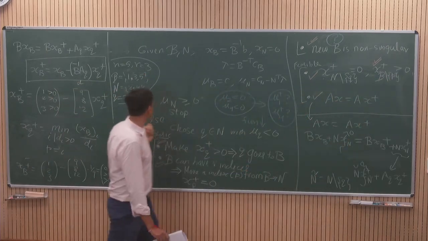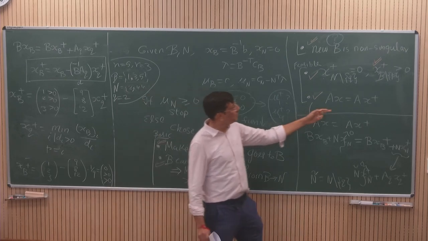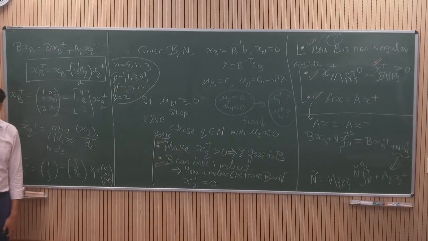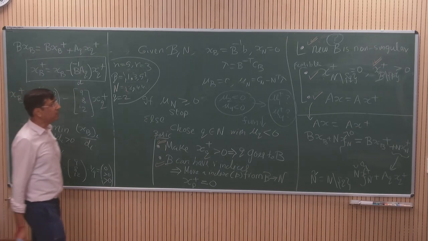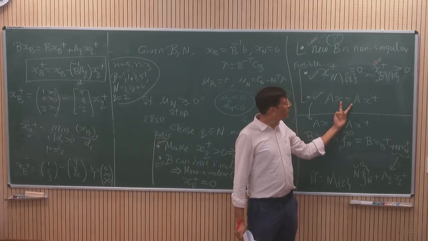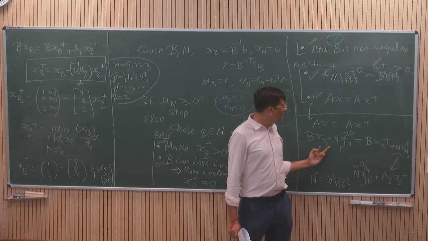And you should also ensure that feasibility is satisfied. So Ax is equal to Ax plus. Correct? So those are the 5 things which we have to satisfy. To be able to satisfy and figure out what that x_q plus is, the very first thing we did was equate these two. When we equated these two, we split them into B and N sets.